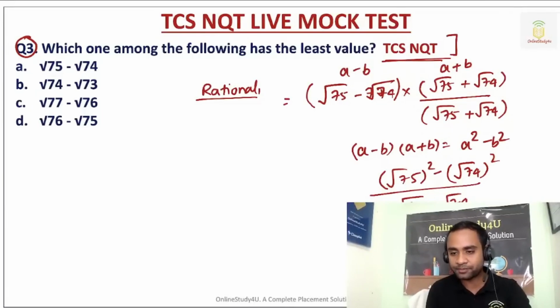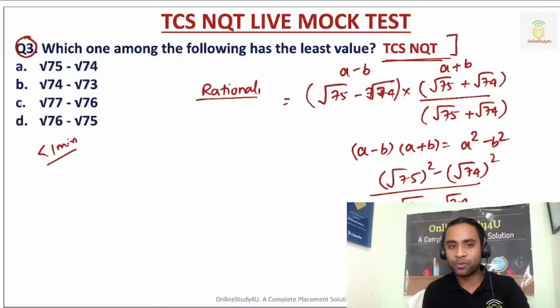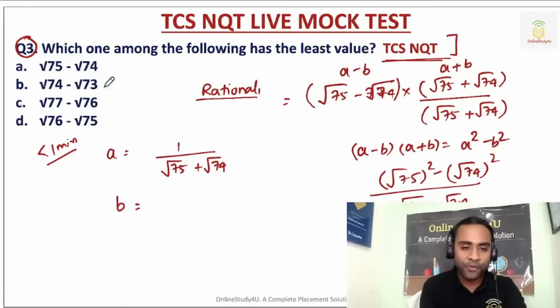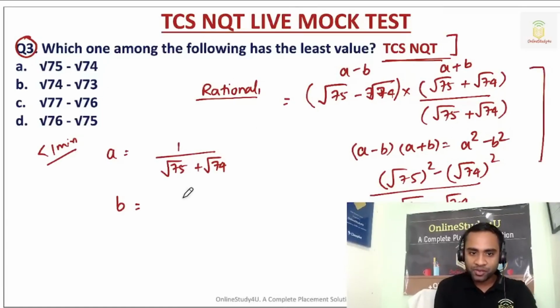So it will be 1 divided by square root of 75 plus square root of 74. This question will take less than 1 minute, but let me first explain to you. Now option B: square root of 74 minus square root of 73. The same way, we will get square root of 74 plus square root of 73.